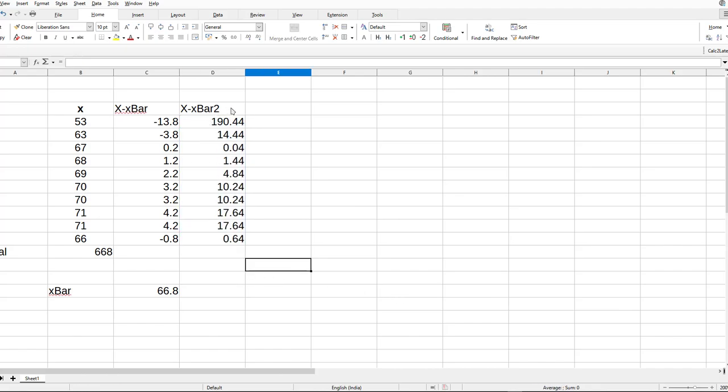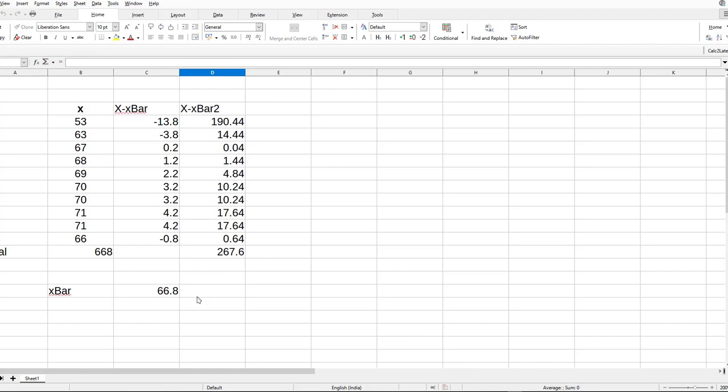So this column over here, this 190.44 up to 0.64, is giving me x minus x bar whole square, right? So I need the total of this column.